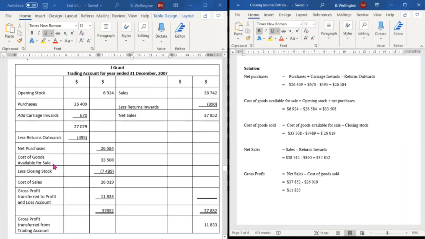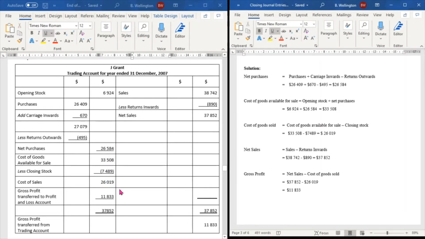Now our cost of goods available for sale is arrived at by adding our net purchases to our opening stock. There it is, cost of goods available for sale, $33,508, and it agrees with what we had done before. When we take our closing stock from the goods available for sale, we end up with the cost of goods sold.